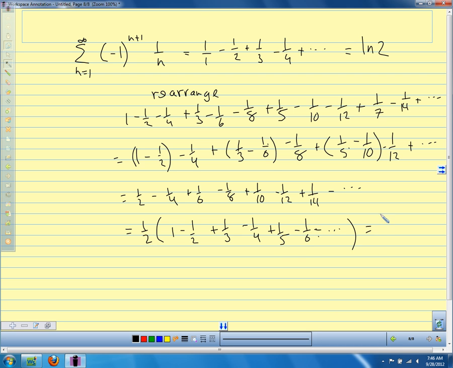And this is 1/2 of what? What we started with. So we can rearrange the terms of this series to come up with half the sum that we proved the sum was.